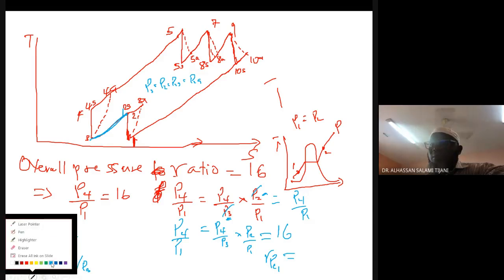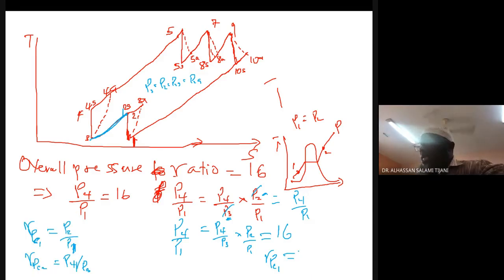So this discussion is very important. If they are the same, it means that RP for compressor number 1 times RP for compressor number 2 equals 16.